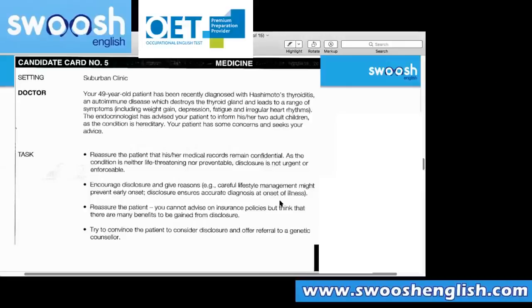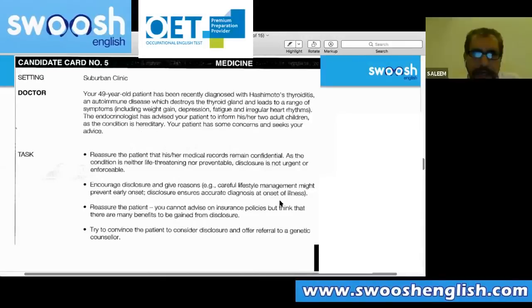Yeah, I think so. But this cannot be prevented. You understand what I mean by prevent is that this is, as you know, a genetic disorder. Do you know what we mean by genetic disorder?